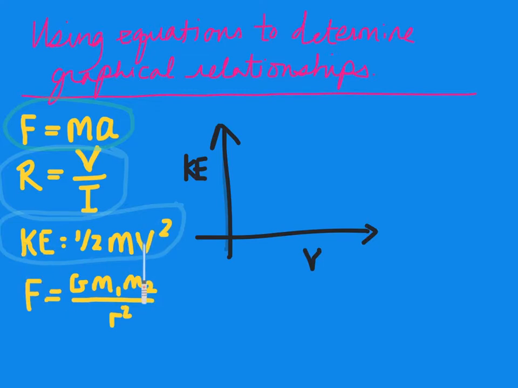Well, if we put 2 in here, 2 squared is 4, so we have 4 times the kinetic energy. If we put a 3 in here, it's 3 squared, we have 9 times the kinetic energy. So we see that the rate of increase is exponential. So what does that look like? Again, we've talked about that relationship. That would be a direct square. As V increases, KE increases exponentially.